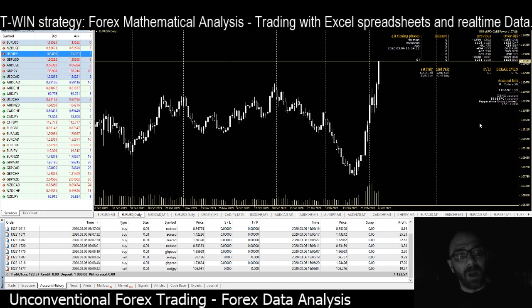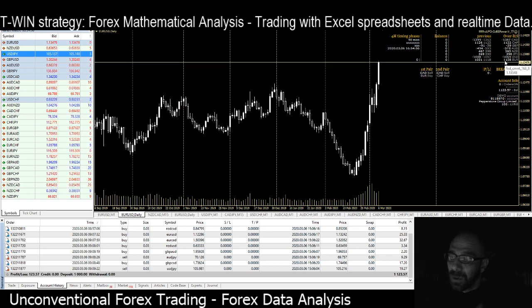So of course I'm running my usual UFO expert advisor, which provides me strength and weakness of the currencies. This is a part of my strategy, and I'm using this in order to confirm what I also have in my Excel spreadsheets.